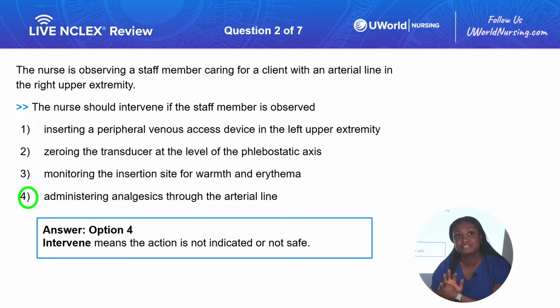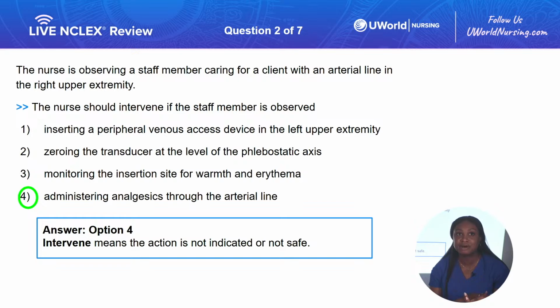All the other options, options 1, 2, and 3, are expected and things that you would want to do with an arterial line. You want to place the peripheral IV on the other extremity, so the left upper extremity. You want to zero the transducer at the phlebostatic axis, which is kind of in your armpit area, and this keeps it level with the heart so you can get accurate blood pressure readings.